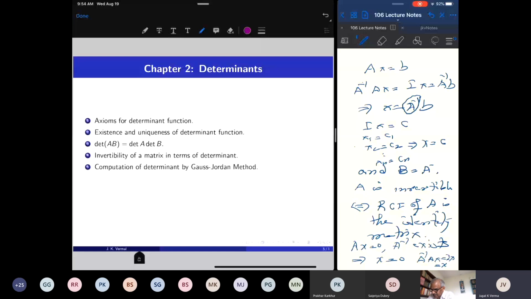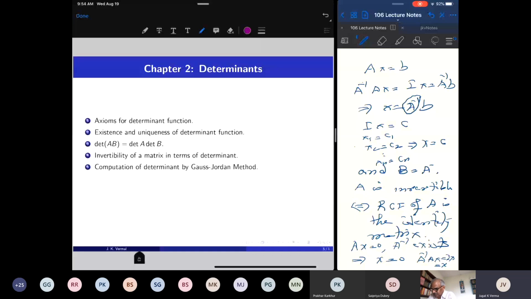Then we will compute the determinant by the Gauss-Jordan method. We used the Gauss-Jordan method to find the inverse of a matrix, but the same method can be used to compute the determinant. When I say Gauss-Jordan, we really mean the given matrix is being converted into row canonical form.